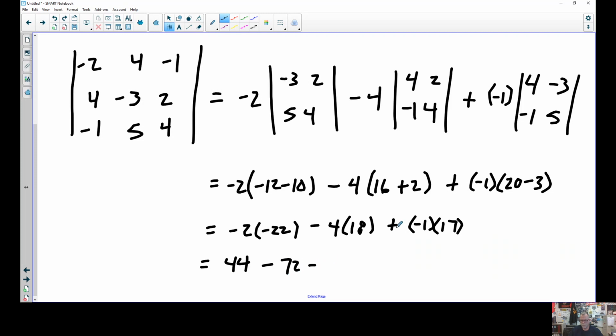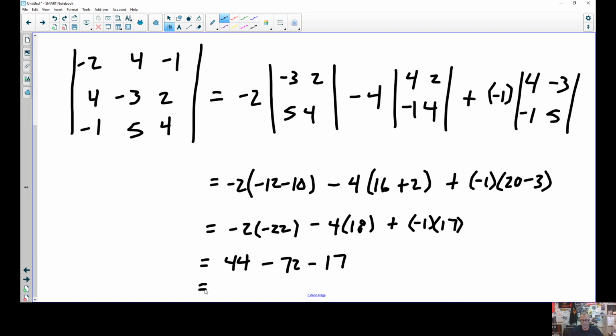And this, I'll call it, it's plus the -17, so I'm just going to call it -17. And when we get done with that, what do we have? We've got 44 minus 89. So I believe that's a -45, right? Yeah. So that is the determinant of this 3x3 matrix. All right. Again, that's how we do it.